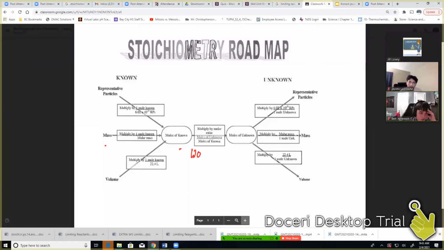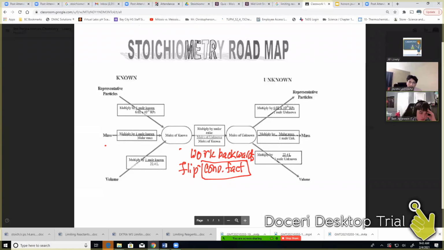So if you're going to work backwards, you need to flip your conversion factor, which is what's in the box.